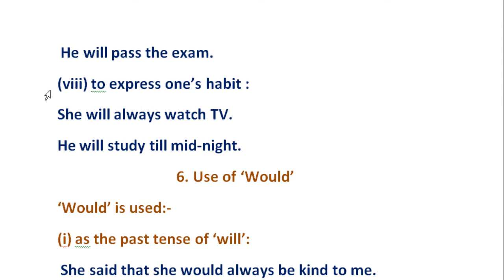Now next example is he will pass the exam. This sentence also expresses possibility, but will expresses least possibility. May expresses maximum possibility. Might expresses less possibility than may. Then could expresses less possibility than might.